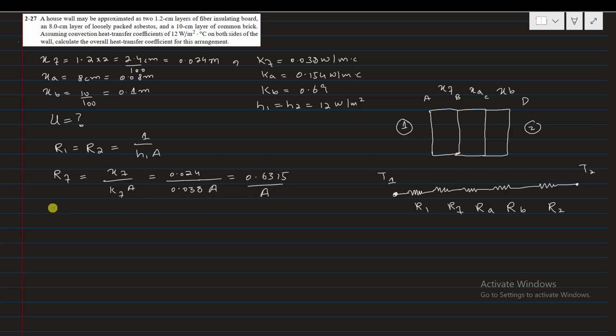Then RA will be equal to XA divided by KA and its area.